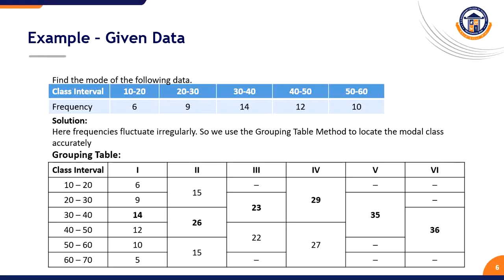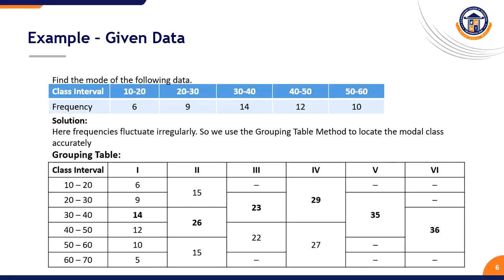First we construct the grouping table following the steps discussed in the previous slide. In the very first column we take the given class intervals. Then in column 1 we take the given frequencies. Column 2 of the grouping table is the sum of two successive frequencies. Column 3, after leaving the first frequency, is the sum of the other two frequencies successively.